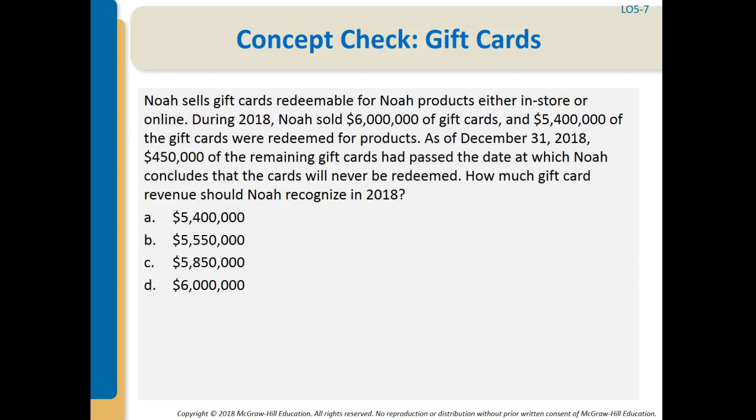During 2018, NOAA sold $6 million of gift cards, and $5,400,000 of the gift cards were redeemed for products. As of December 31st of 2018, $450,000 of the remaining gift cards had passed the date at which NOAA concludes that the cards will never be redeemed. How much gift card revenue should NOAA recognize in 2018?